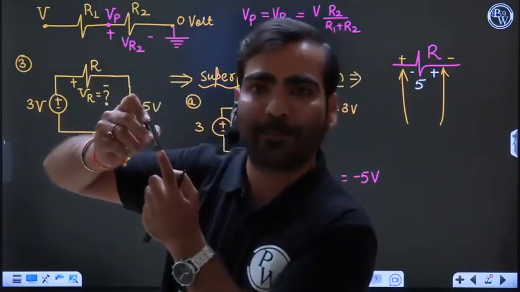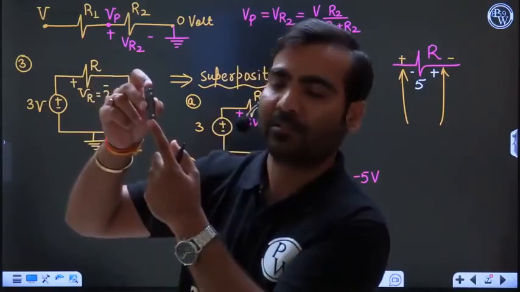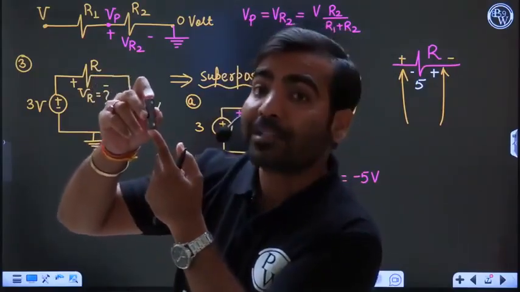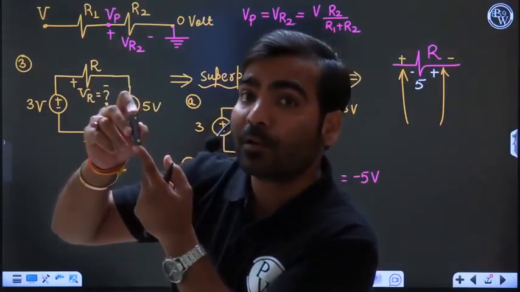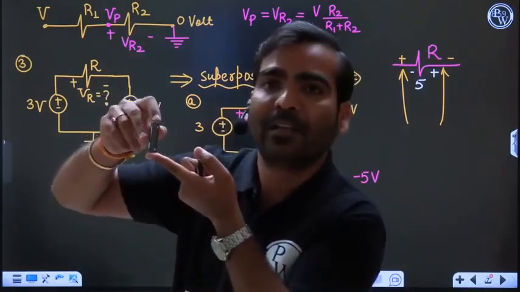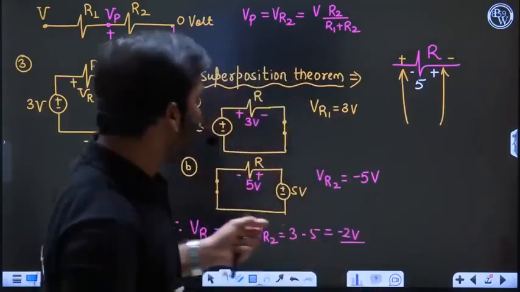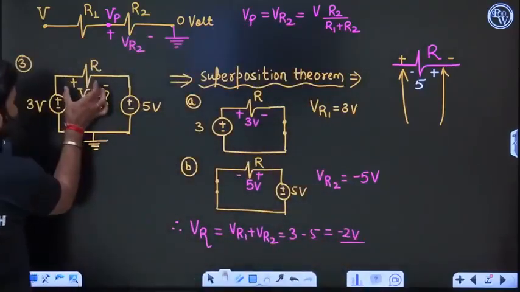Suppose 1.2 volt battery, so plus 1.2 volt. If I reverse the multimeter pins, then the multimeter will read minus 1.2 volt. Same way here we are measuring the voltage.